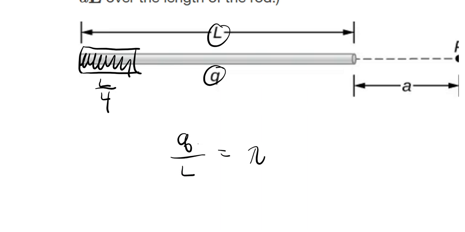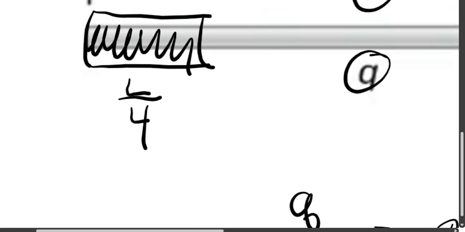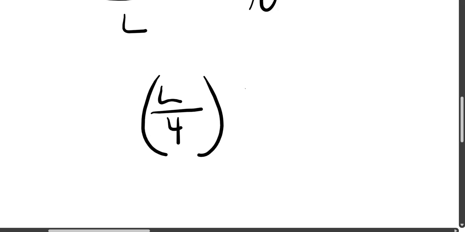So the total charge over the total length is your charge per unit length. And I want to know how much charge is in a fourth of that line. Then I take length divided by 4 times lambda.